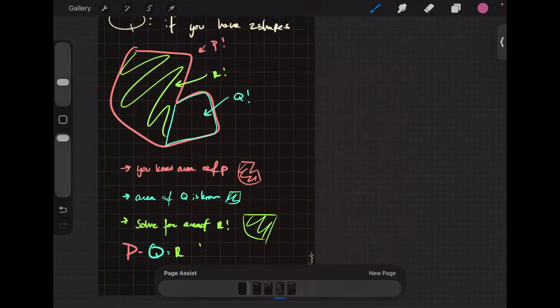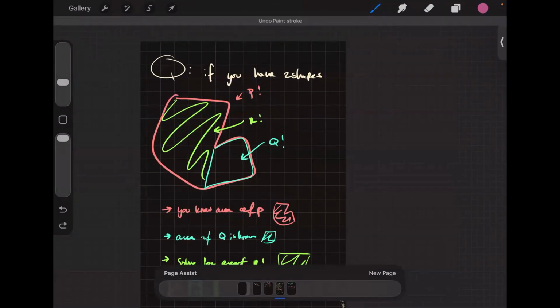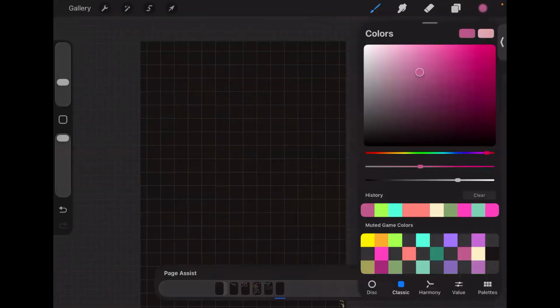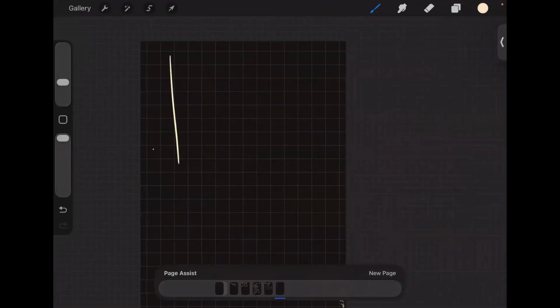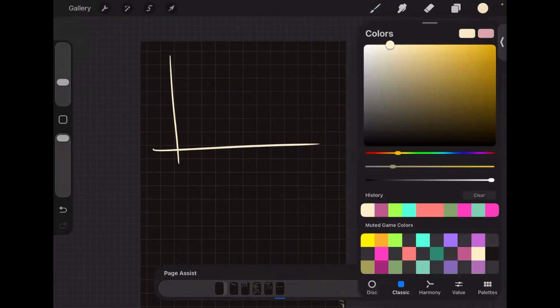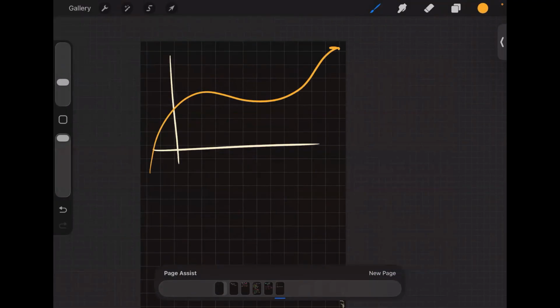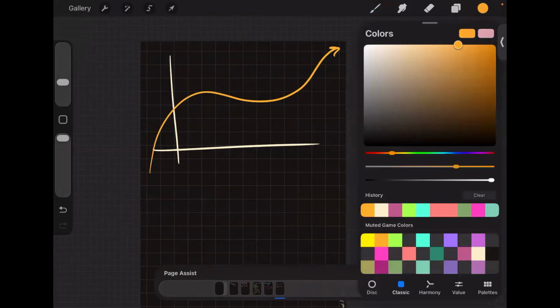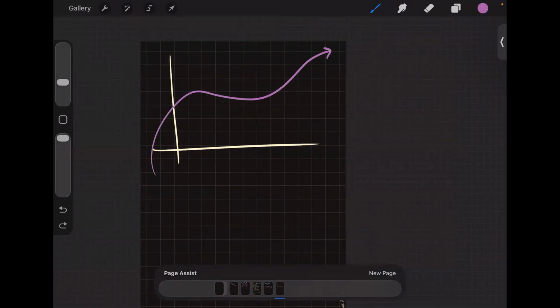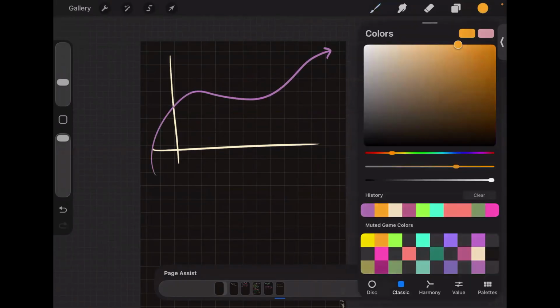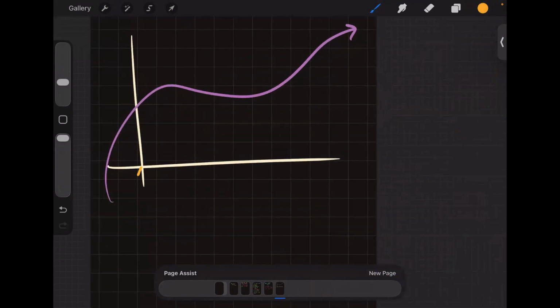Well, we go back to something like this, right? You say, oh, well, you can take the area of the curve. Let's put the curve in, let's do it in purple, right? Reasonably, you would take the area from 0 to whatever your upper bound is.